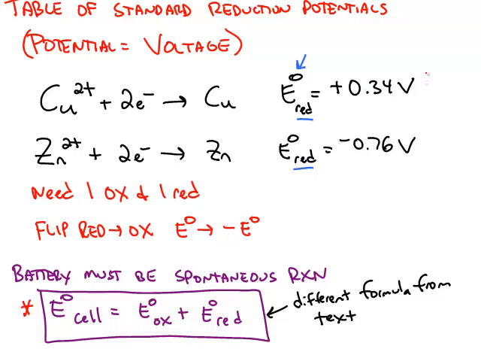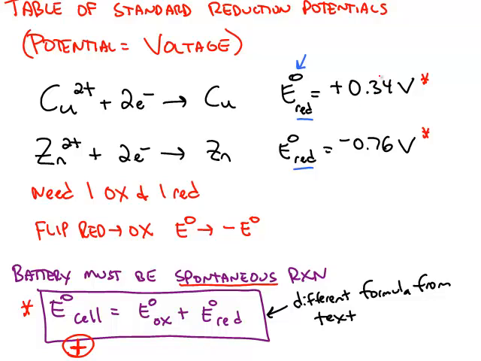So one of these two half reactions will have to be switched into an oxidation to make this a battery. And the one we're going to switch is the one that's going to give us a spontaneous reaction. And we know a spontaneous reaction must have a positive voltage for the cell.